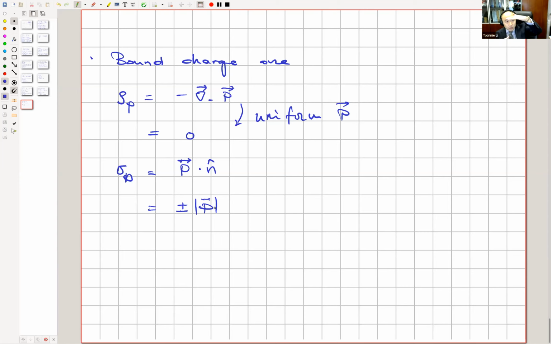So outside, which is what I know, it's continuous because there's no free charge. And so, I know that the D inside is the same, and otherwise it is completely linear and homogeneous. So I can calculate the E inside, which gives me the P inside, and once I know the P inside, I know how to calculate the charges, the bound charges.